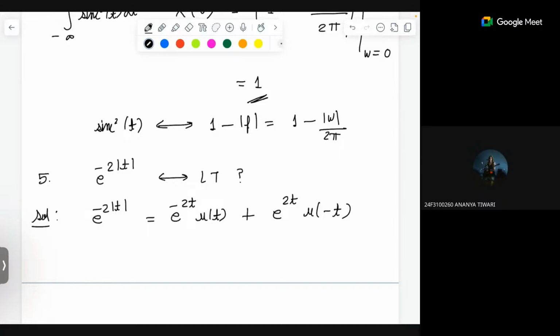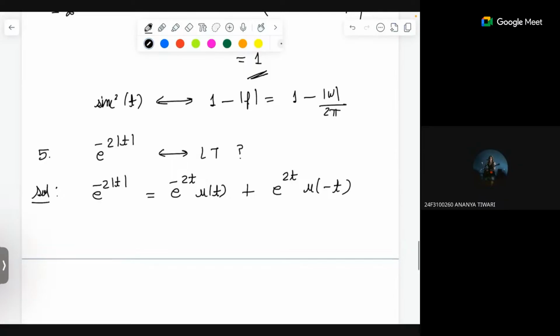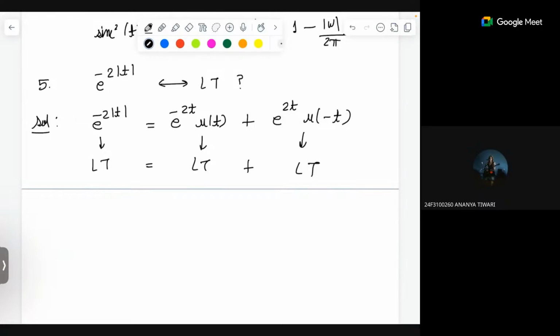Now, the Laplace transform also satisfies the linearity property. So the Laplace transform of this will be equal to the Laplace transform of this plus the Laplace transform of this. Is this clear? So now I hope you will be able to solve. Take 3 minutes and quickly tell me the answer and also tell me the ROC.